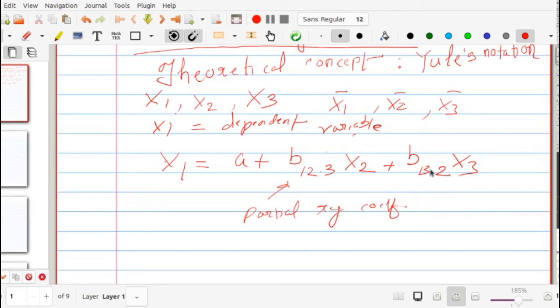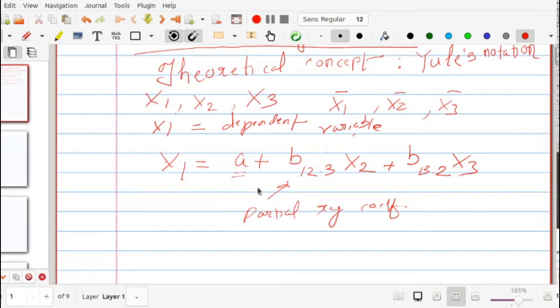Similarly, the other one is the same thing with just 3 and 2 swapped. b13.2 means the partial regression coefficient of x1 on x3, keeping x2 fixed. And a is the standard intercept that we saw in the simple linear regression example.